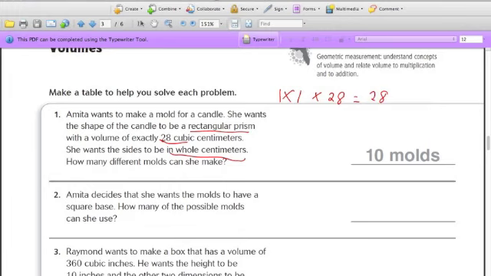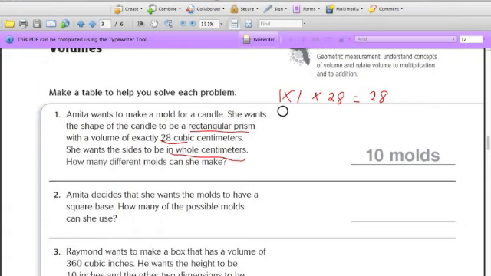That would be a very tall, skinny box to make a really tall, skinny candle. So that's one way it could be. So I just look at the different kind of fact families that will give me the 28 cubic centimeters.